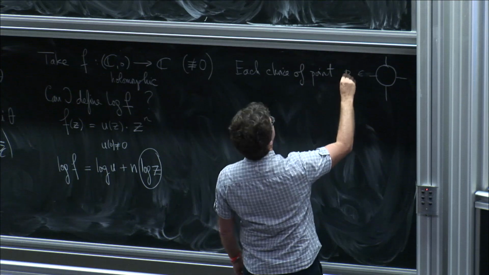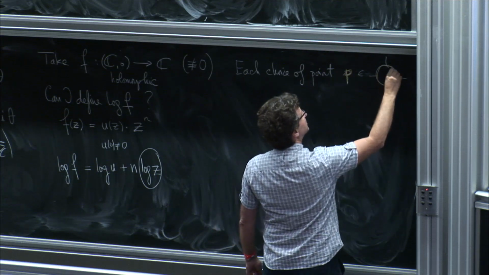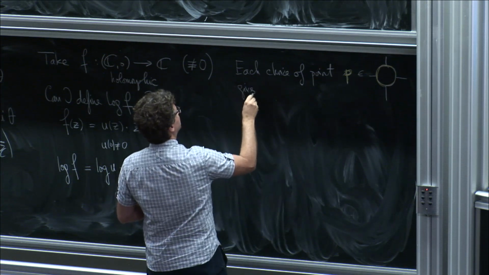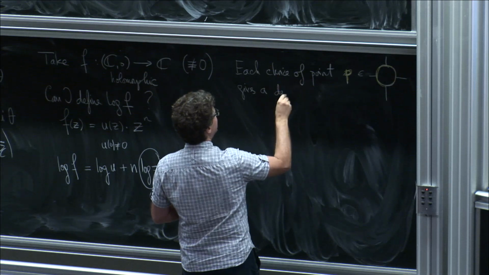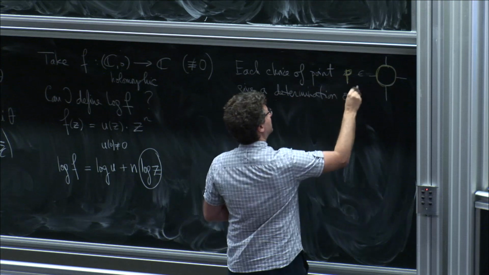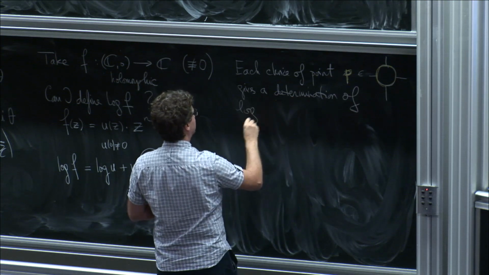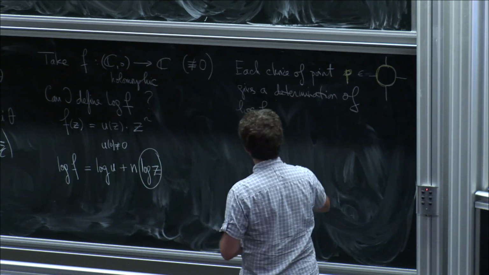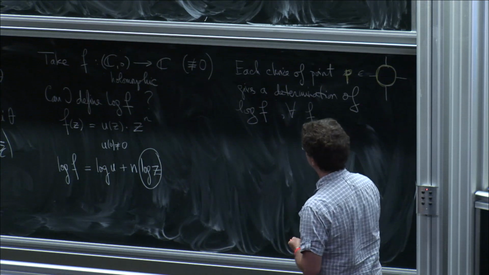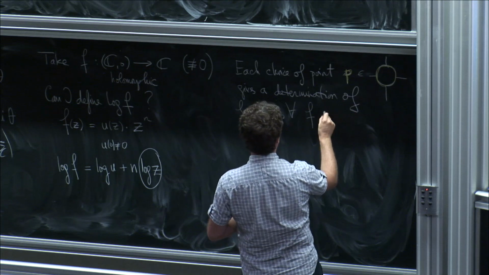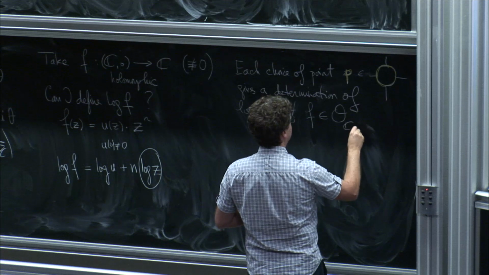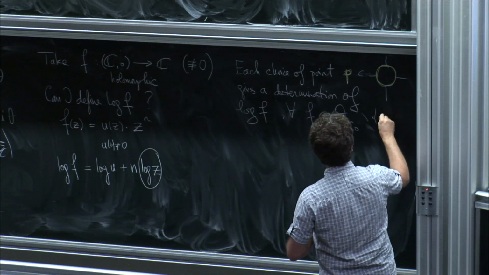P varies here only on this circle. Gives a determination of log of f for any function f which belongs to the local ring of C at 0 without 0.